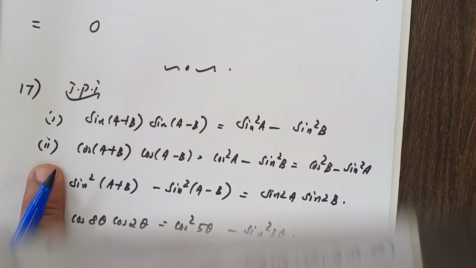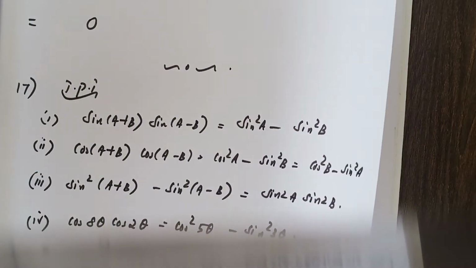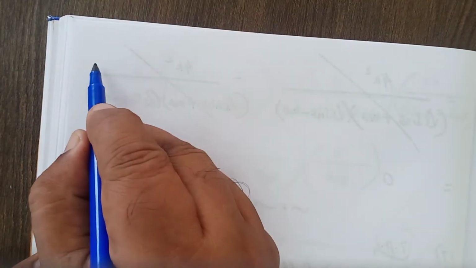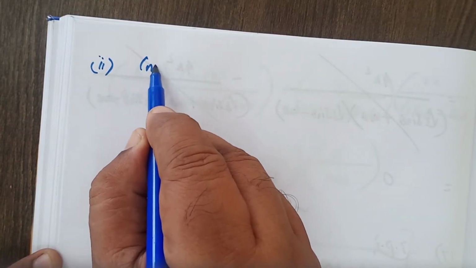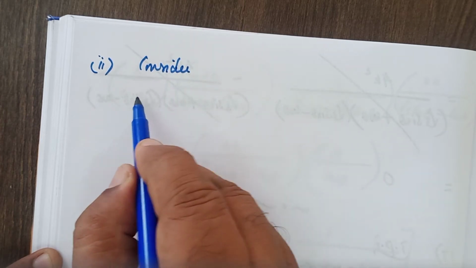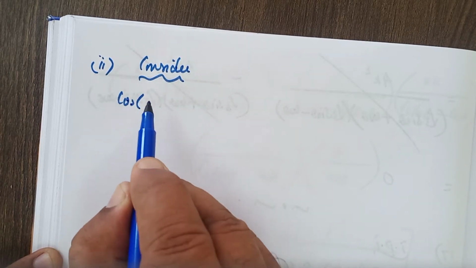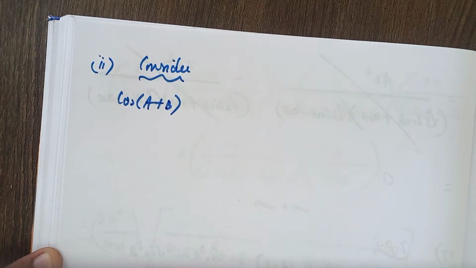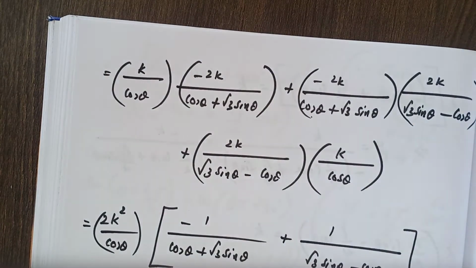Now subdivision number 2. Consider cos of a plus b into cos of a minus b.